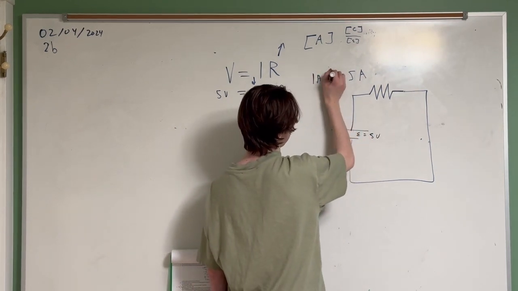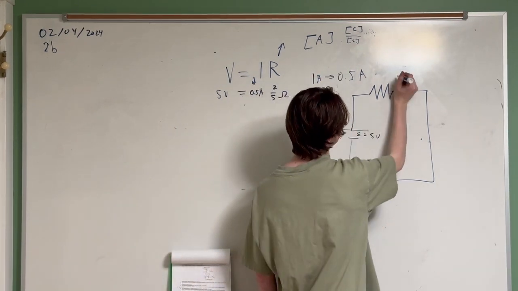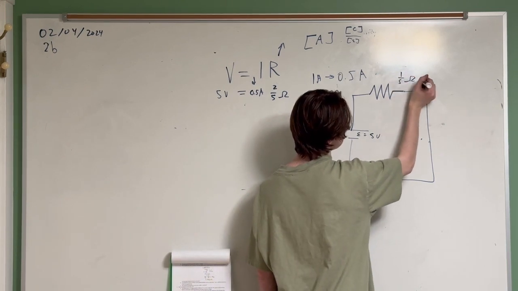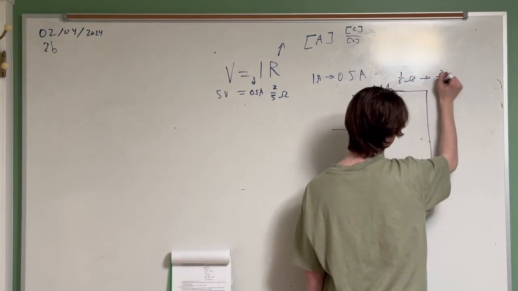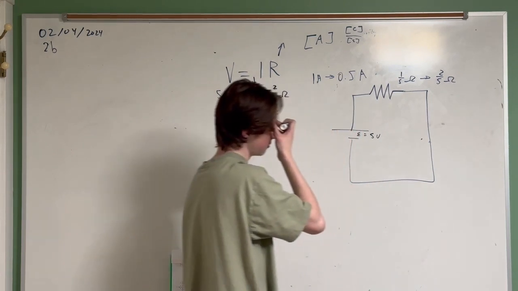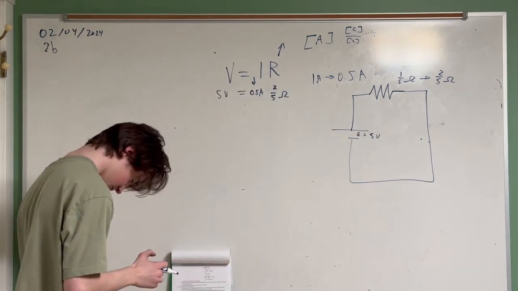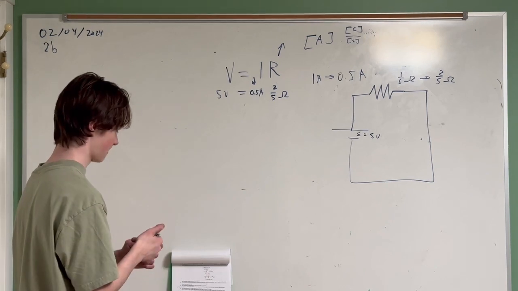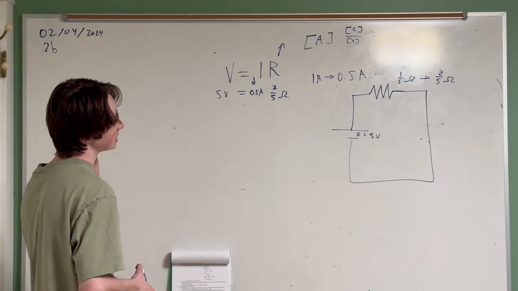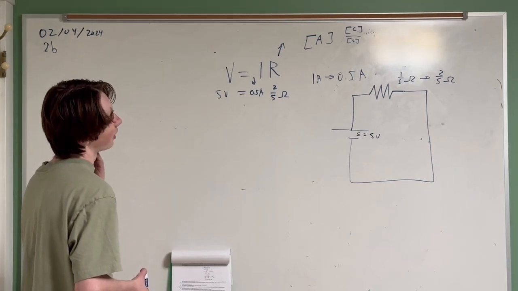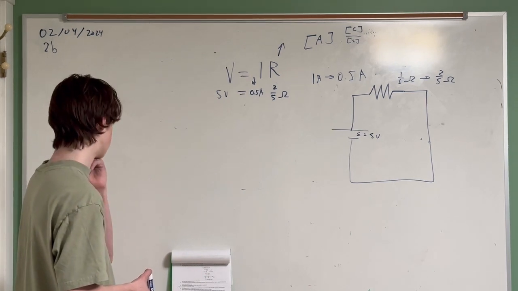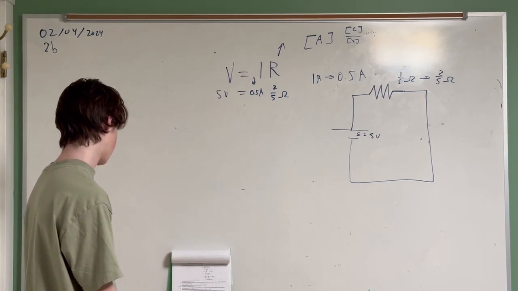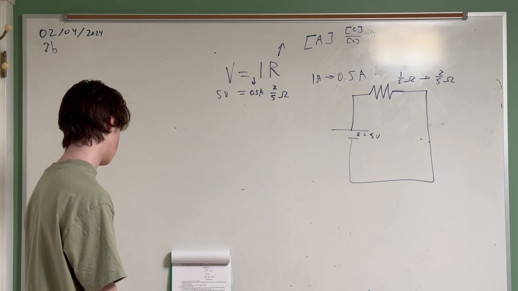This is all over the place. Okay, great. So that's Ohm's law. The amount of resistance governs how much current is in the circuit, and same with voltage.